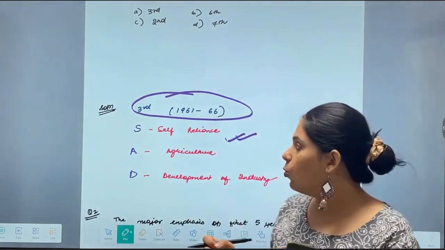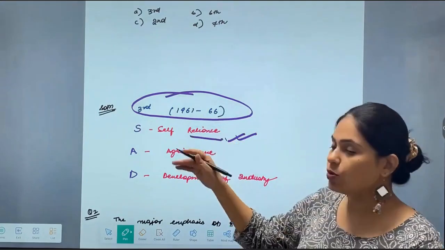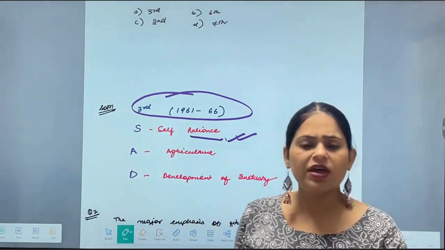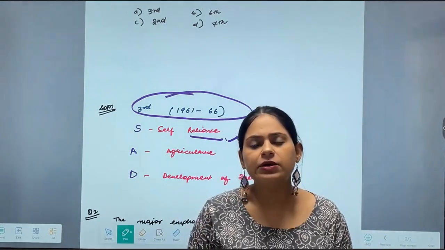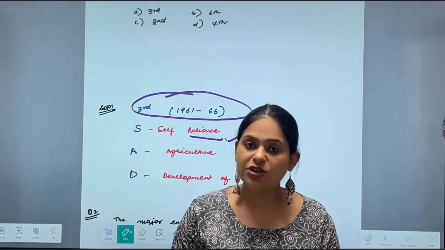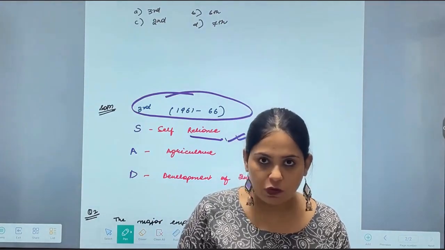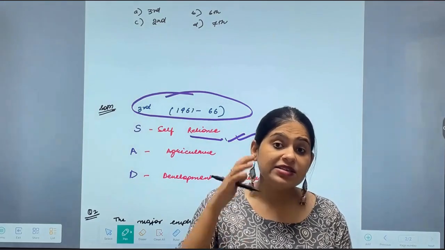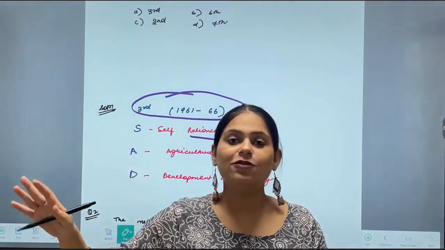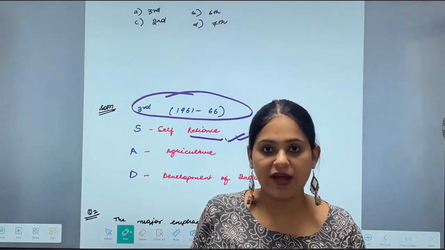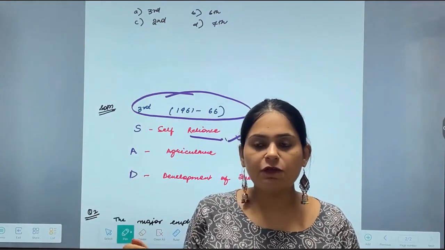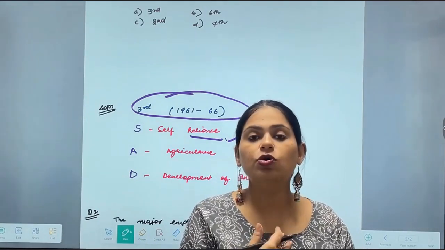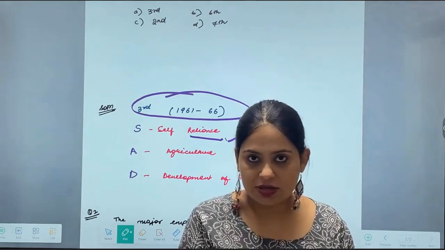So one thing we wanted to do in the third 5-year plan was self-reliance. Even now, if you read the policies of the government, we know it is Atmanirbhar Bharat. We want to focus on growing ourselves, right? But that self-reliance was in the mind of the government even during the third 5-year plan. We wanted to grow our industries, our capital sector, and our machinery sector.